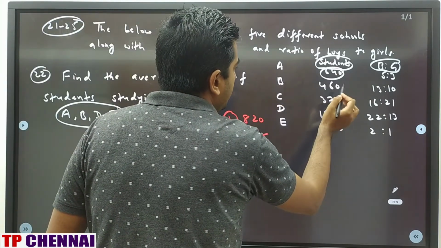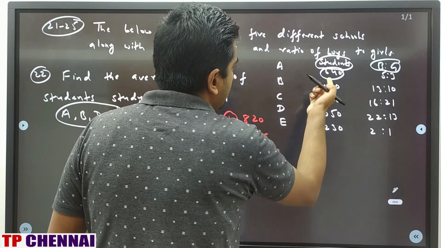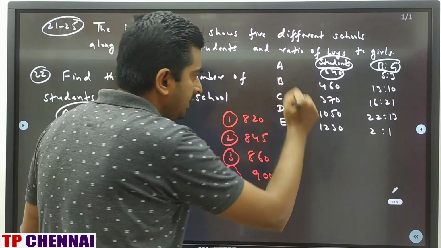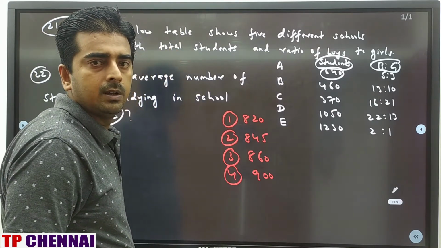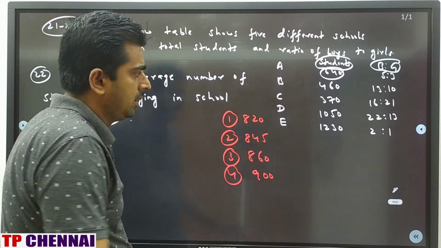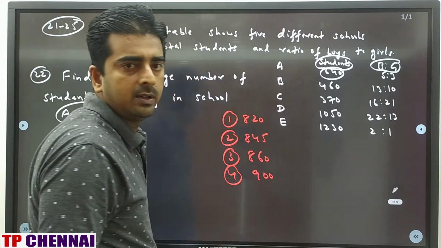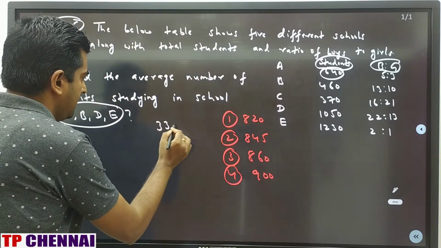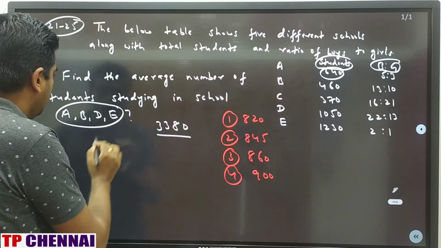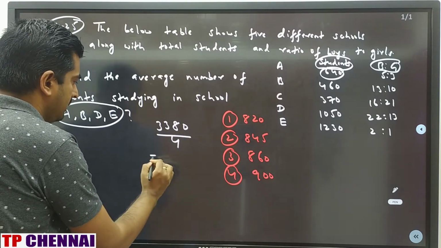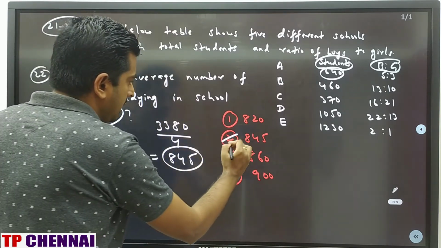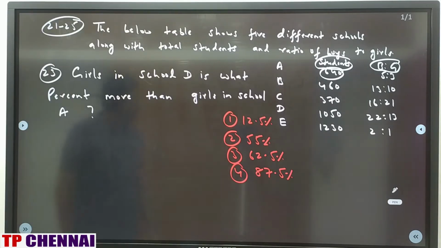A, B, D, E. So 640 plus 460 is how much? 1100. 1100 plus 1050 is how much? 2150. 2150 plus 1230 is how much? 3380. So 3380 divided by total 4. What is the answer? 4 8s are 32, 4 4s are 16, 4 5s are 20, 845. Second option. So I hope you are clear with 22.